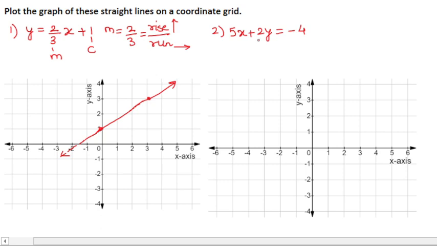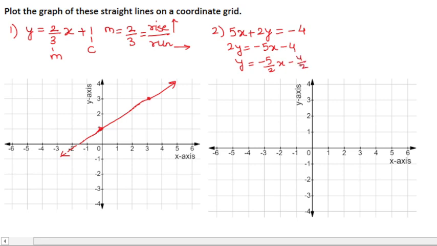Now take a look at the second line. It is not in gradient intercept form, it is in general form. We need to convert it to gradient intercept form. How do we do that? All we need to do is to transpose this here, and I get 2y is equal to negative 5x minus 4, and then transpose this to the right side and I get y is equal to negative 5 by 2 x minus 4 by 2.